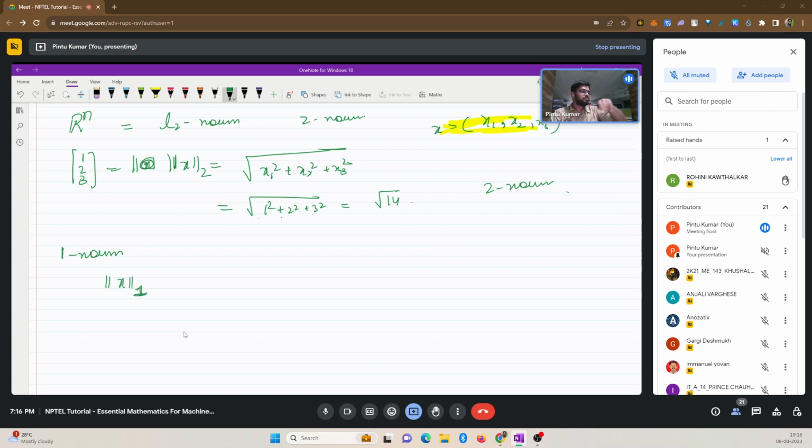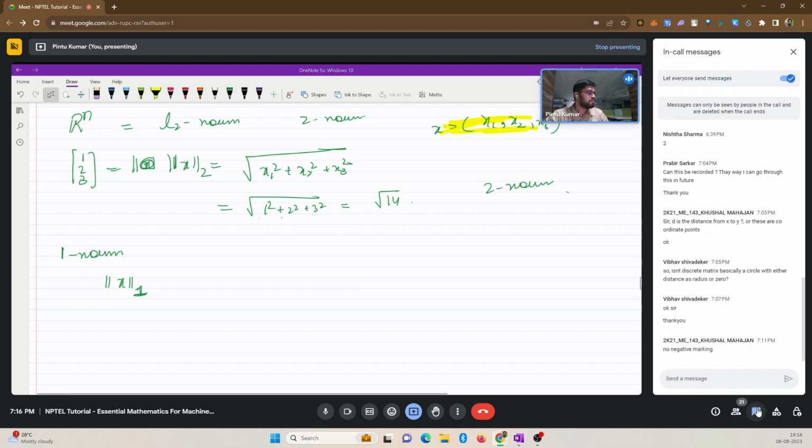You write a subscript to denote what kind of norm it is. So the 1 norm is mod of x1 plus mod of x2 plus mod of x3. For this particular vector, this would be mod of 1 plus mod of 2 plus mod of 3, which is equal to 6.